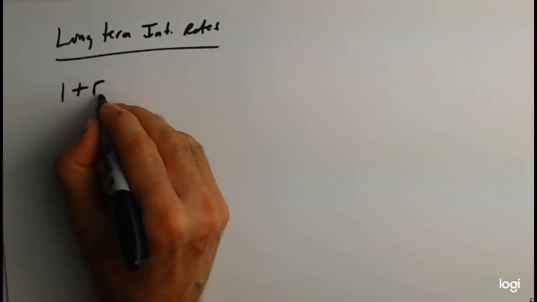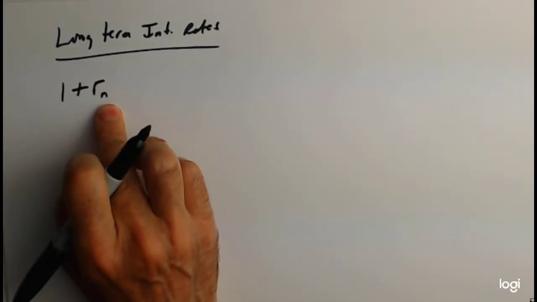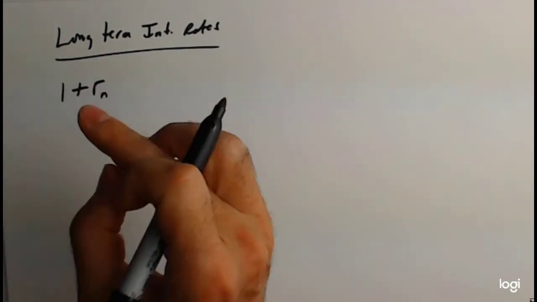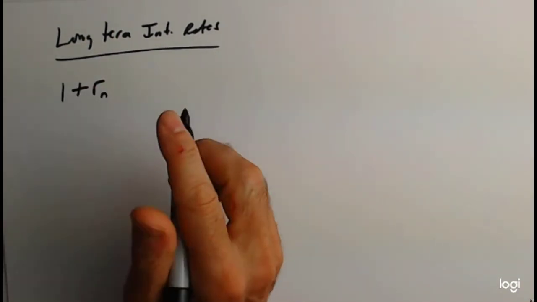What does that look like? Well, it looks like this mathematically. R to the n, where n is a large number, because we're looking at a long-term interest rate. Think of it as 10, 15, 20 years.